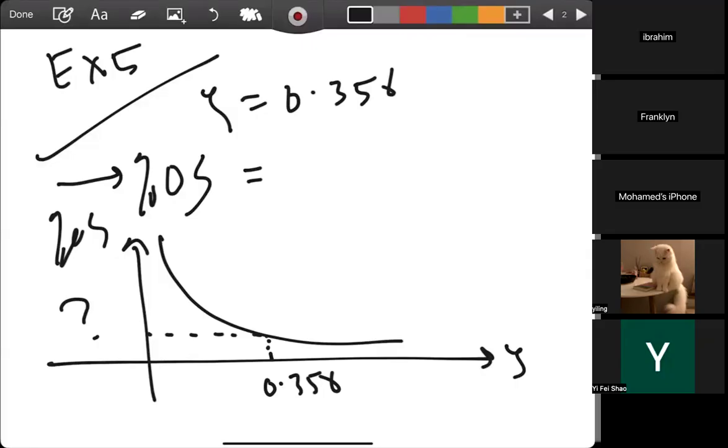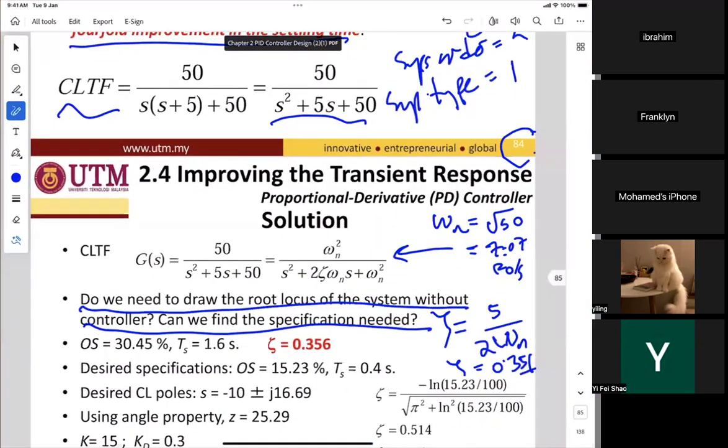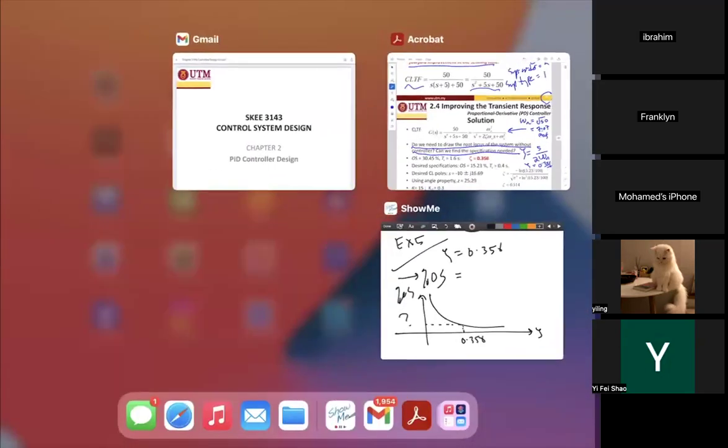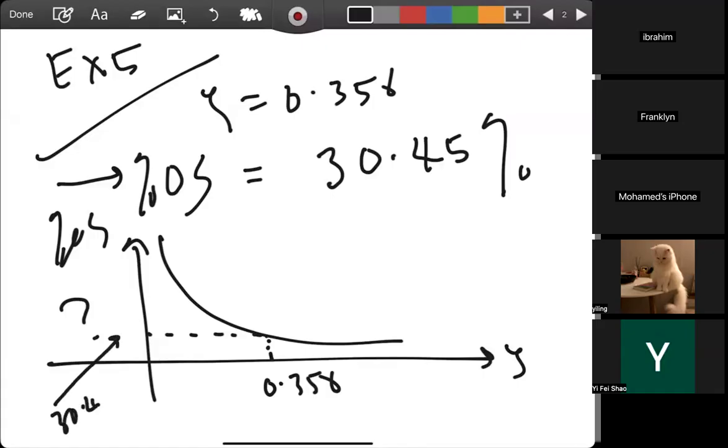Use the graph that I gave in the WhatsApp. Around 30.45%. Okay, 30.45%.